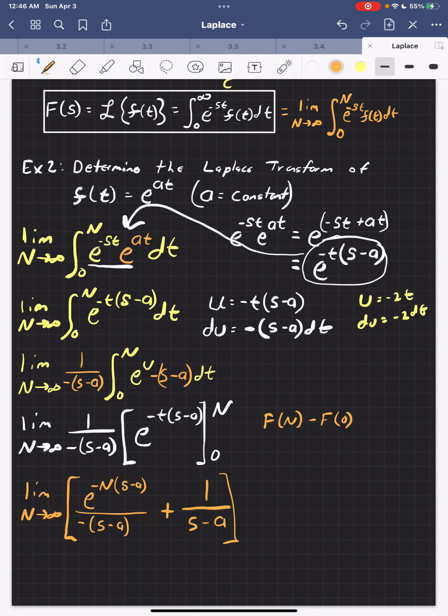So that ends up becoming 0 plus 1 over s minus a. And that is your Laplace transformation. So f of s is indeed equal to 1 over s minus a.